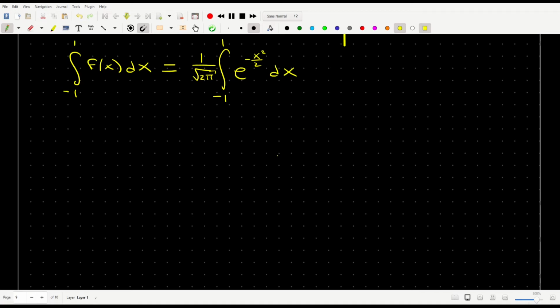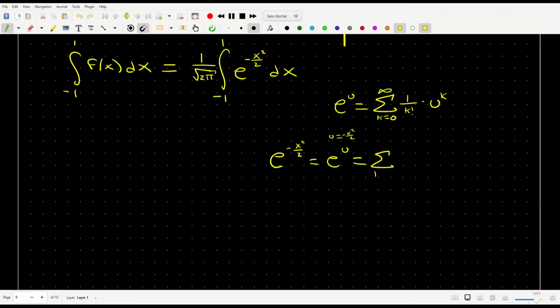So the first step here is noticing that, and then saying, well, we know that e to the u is the summation from k equals 0 to infinity of 1 over k factorial times u to the k. I want to use a u here because I'm going to be substituting in. So e to the negative x squared over 2 is the same thing as e to the u, with u equal to negative x squared over 2.